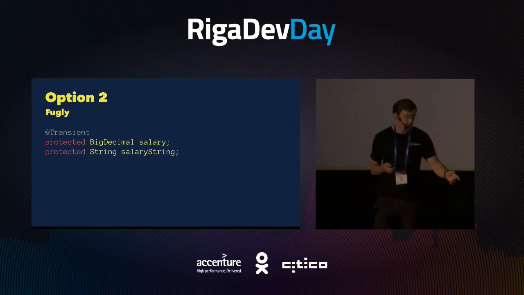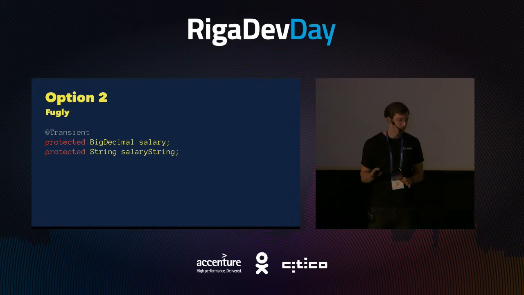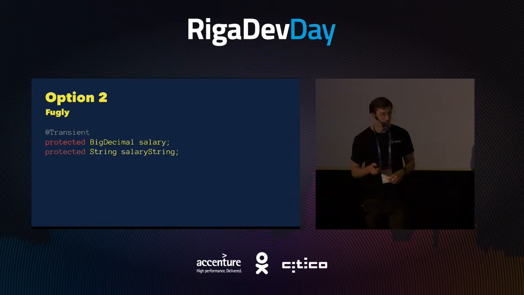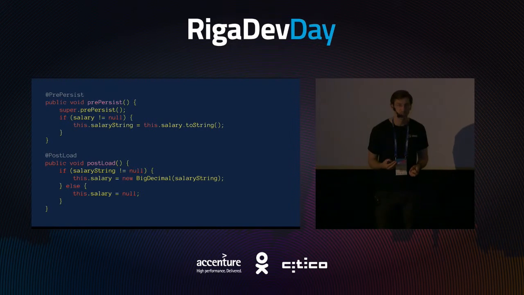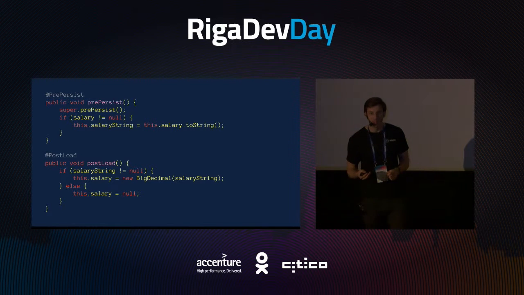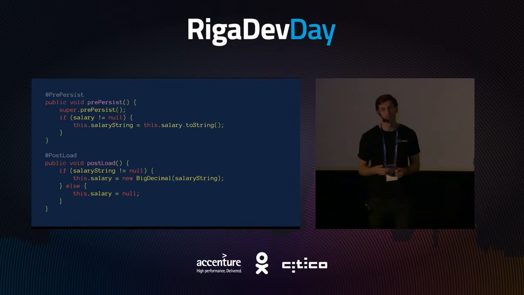The @Transient tells the database not to even try to save the attribute salary, but we have a salary string there, and then two methods. In the pre-persist, we use toString on it, and in the post-load, we create the BigDecimal from the string again. It works. It's just extremely ugly, and if you have many BigDecimals in your database, this is a pain.